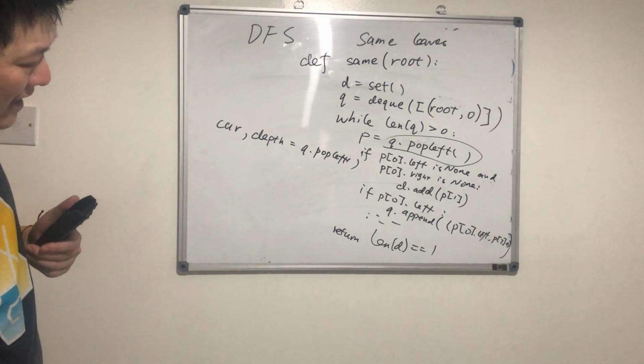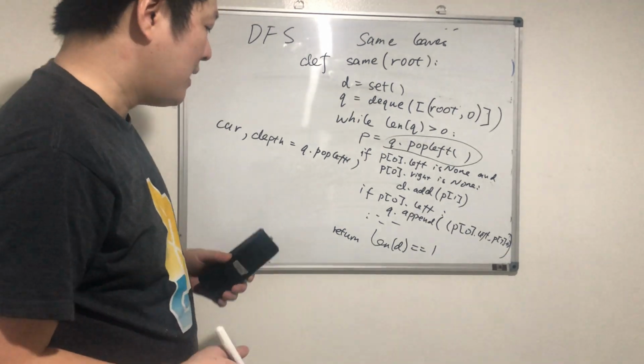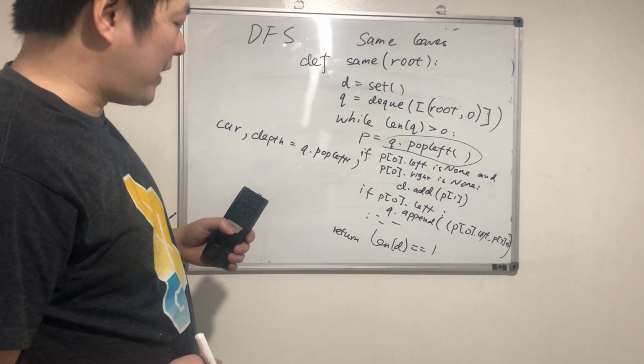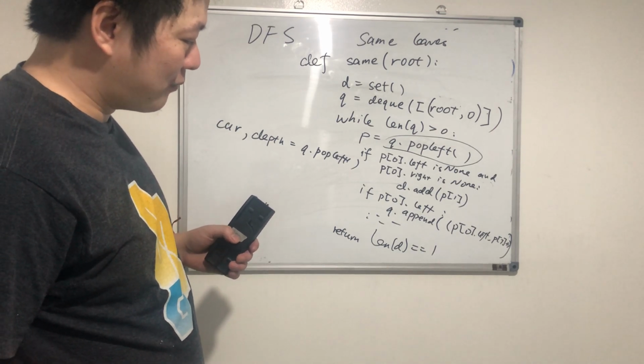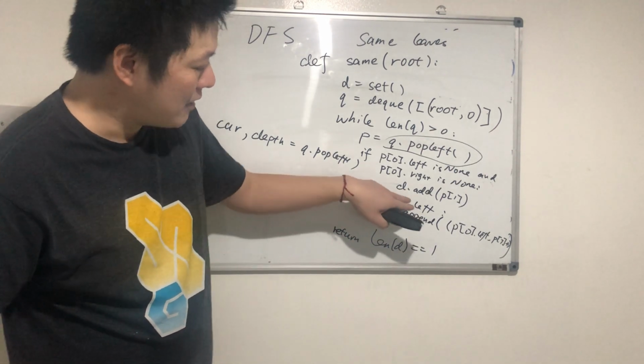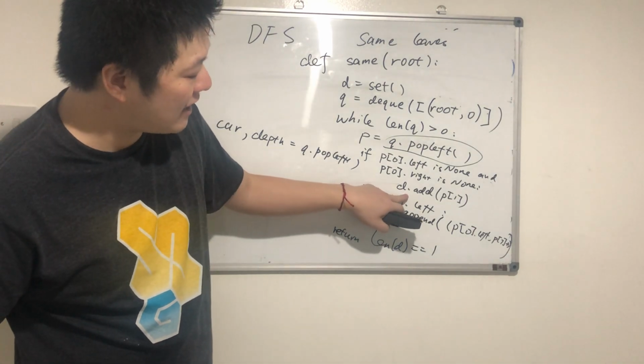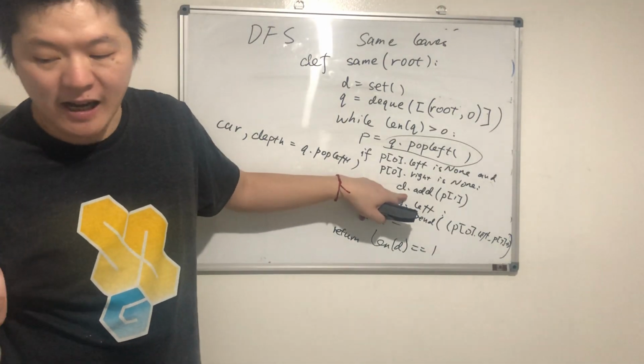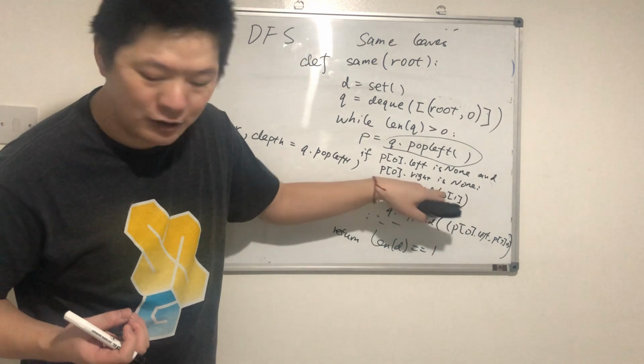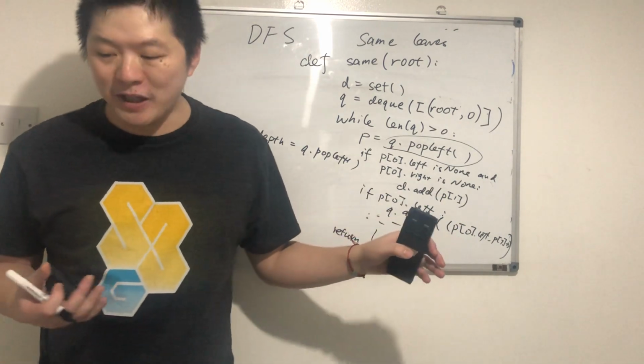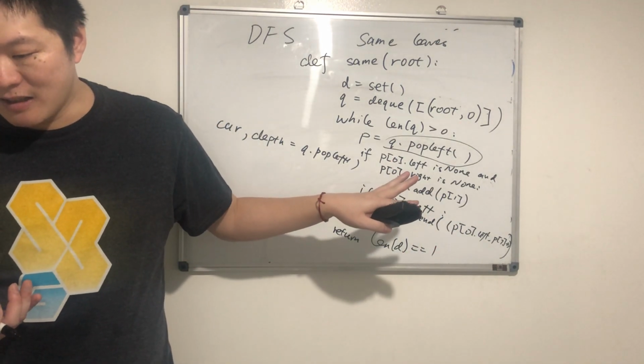Okay. Now, can you tell me if there is anything we can improve? Look here. Can we check when we are adding a number into a set? We know how many numbers are in the set, right?